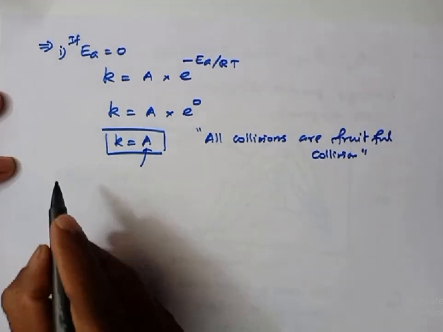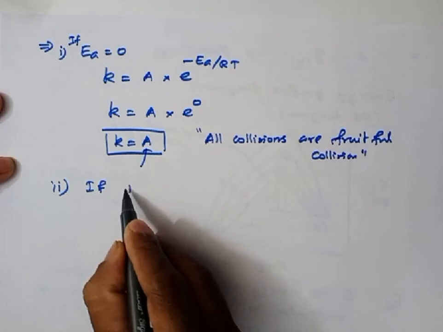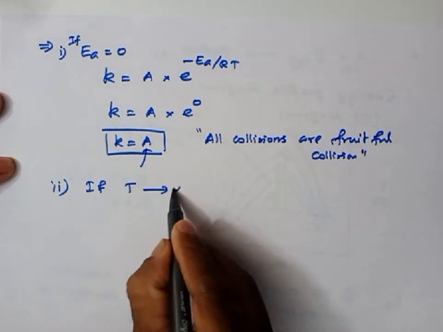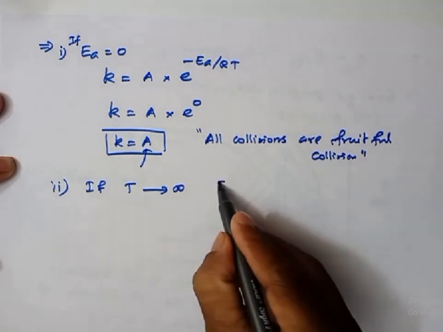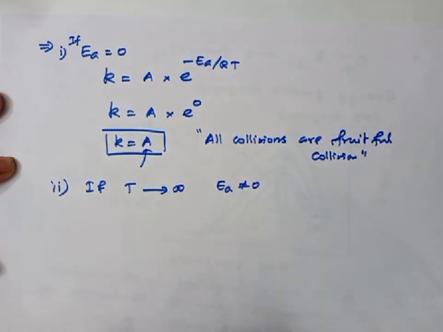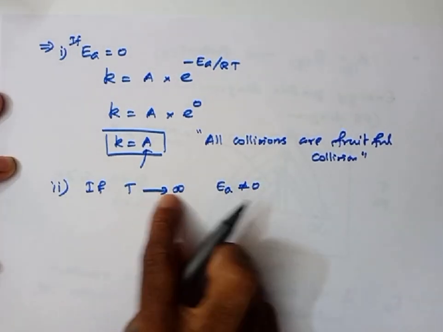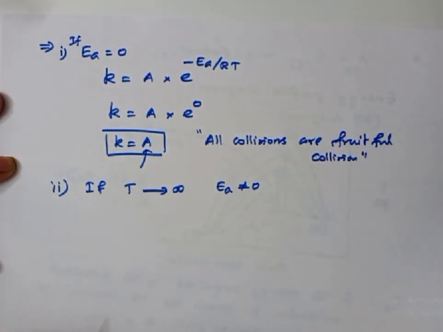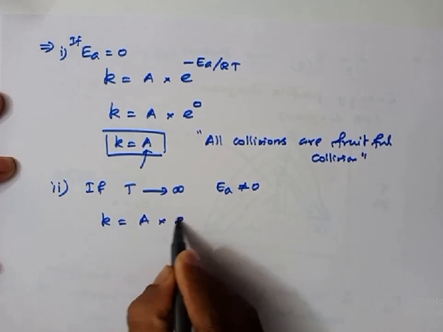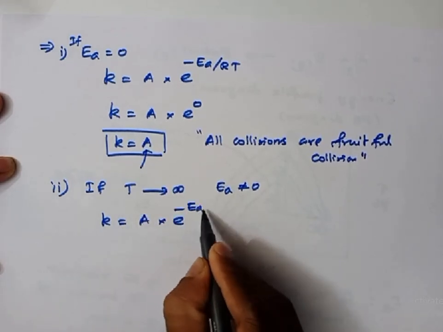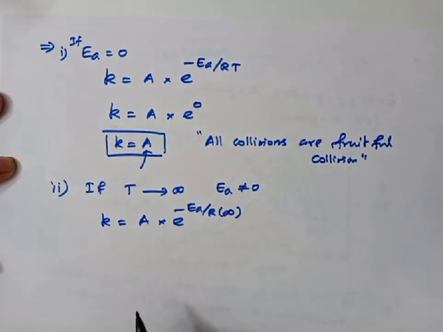Then the second important point: if temperature of the reaction approaches infinity, what will happen? If I go to very high temperature, and in this case activation energy is not 0, some activation energy is there, but temperature approaches infinity. In this case, k is equal to A into e power minus EA by RT. In the place of T, I'll put infinity.